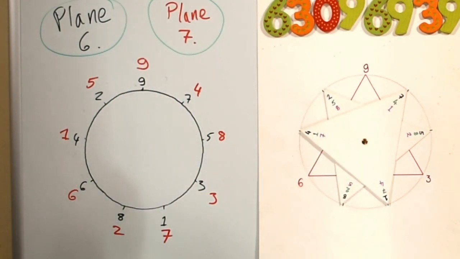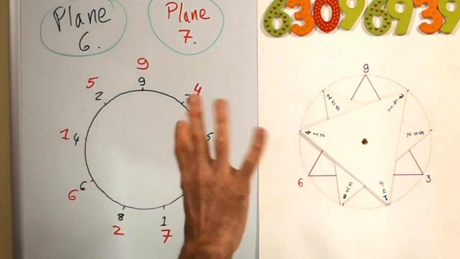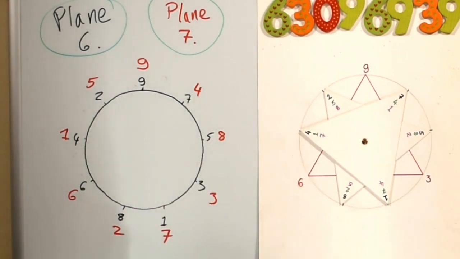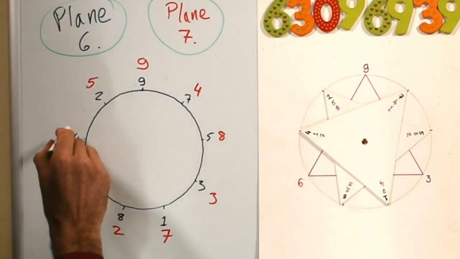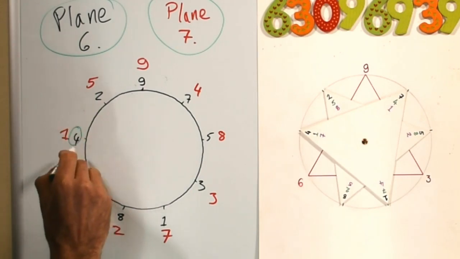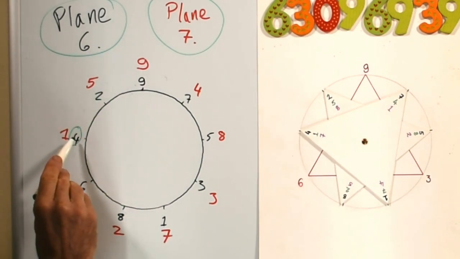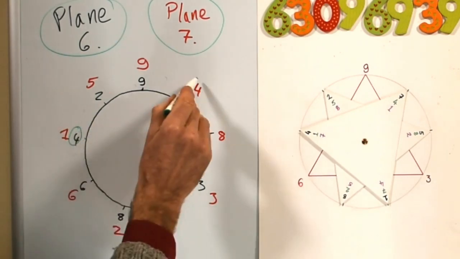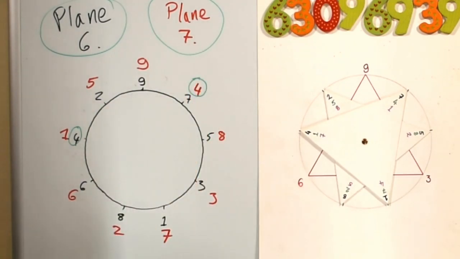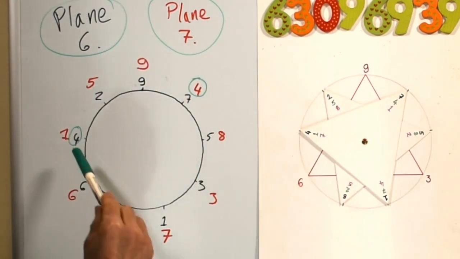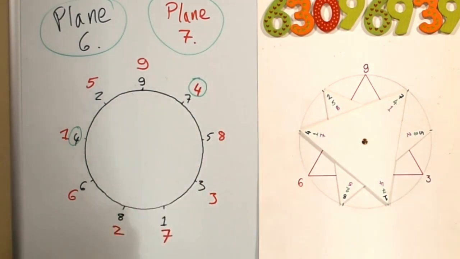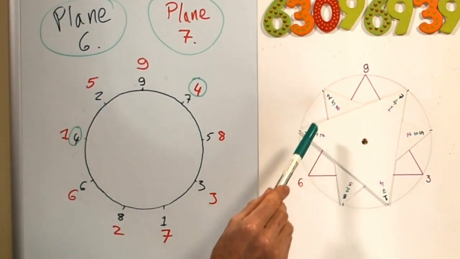So one thing that I was interested in is, okay, these triangles are moving, but the 4, for example, moves from here to here. To move from the 6th plane to the 7th plane, the 4 has to get from there to there. So this 4 needs to get to there.